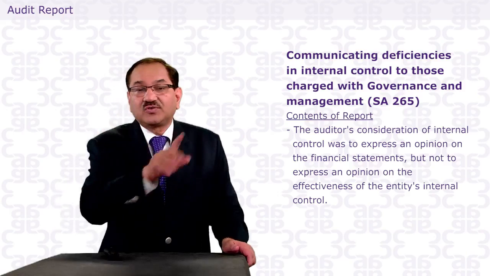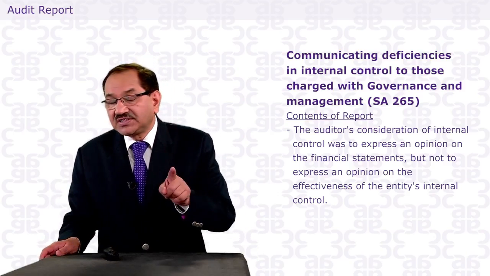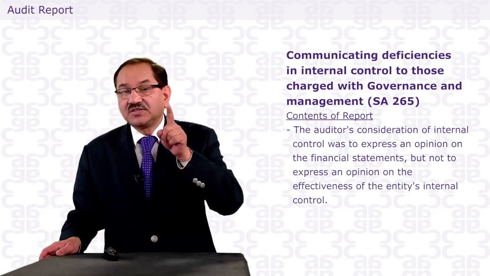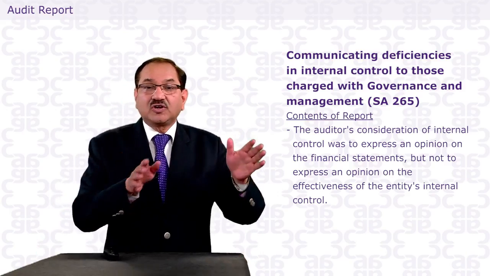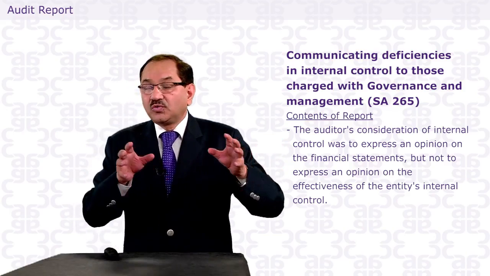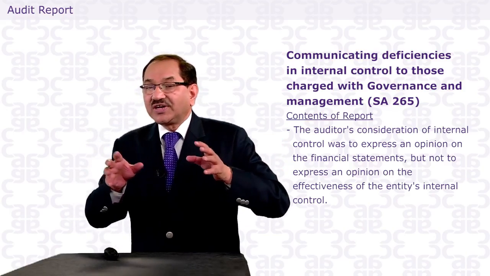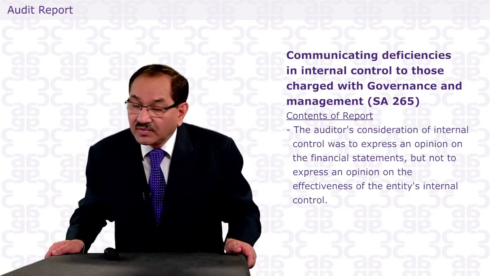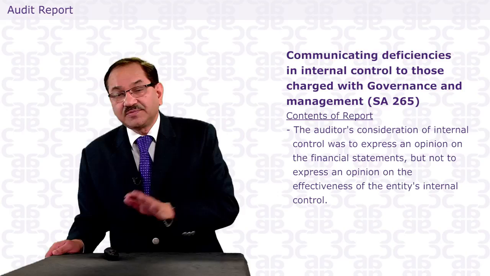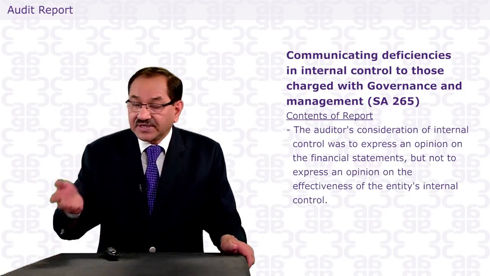Therefore, when you report under SA 265 to the persons in charge of governance, you must make clear to them that the audit procedures you followed were not with the objective to test and to express an opinion whether the internal control of your company is being followed effectively or not, whether they are operating effectively or not.